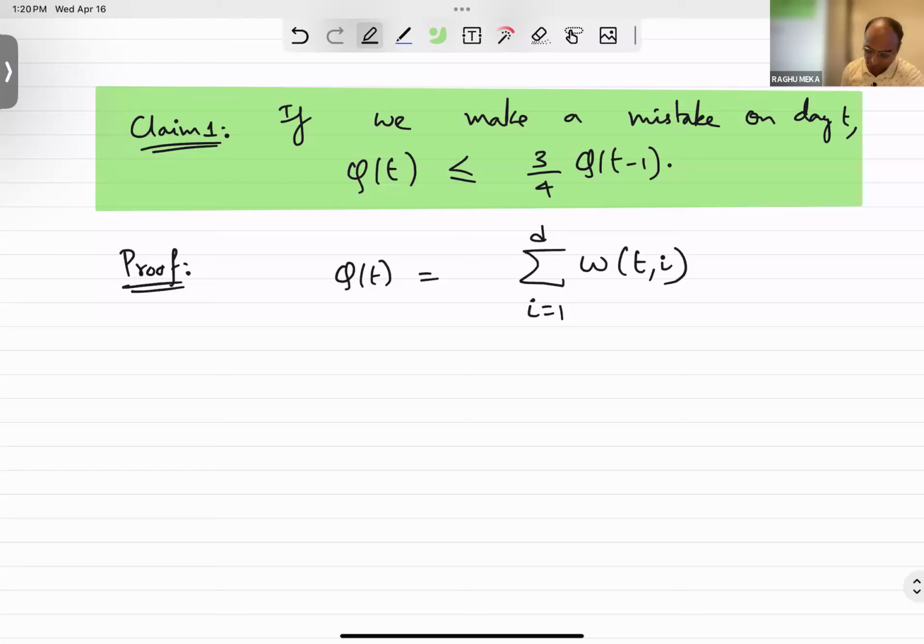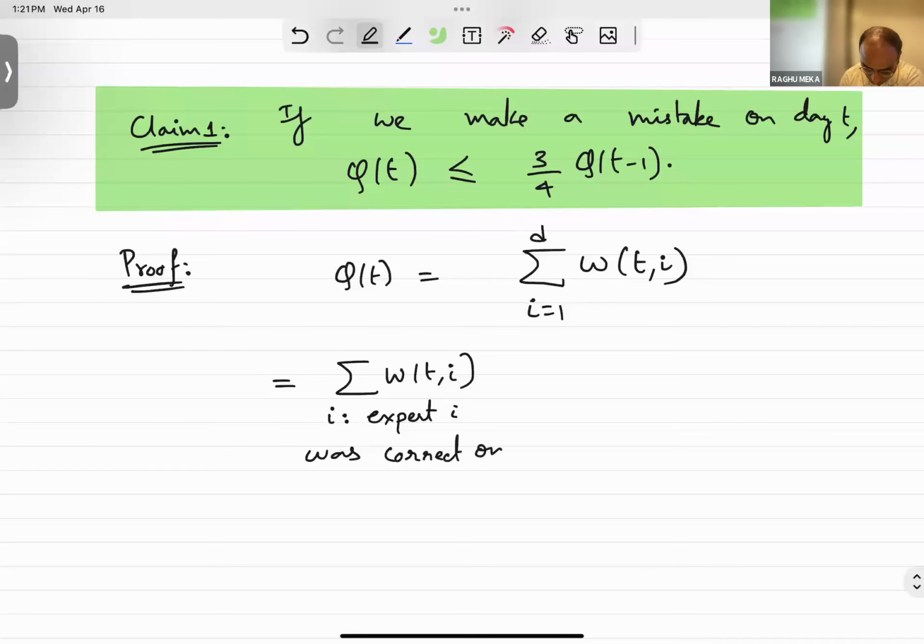So we can think of it as 2 sets. One is all of the experts who were actually correct, and the other is all of the experts who were wrong.